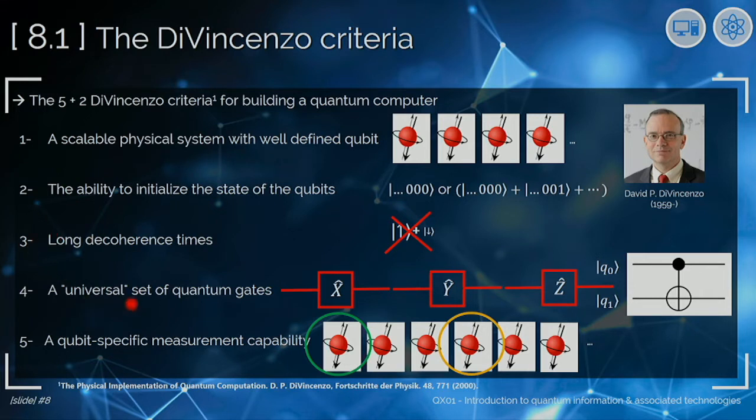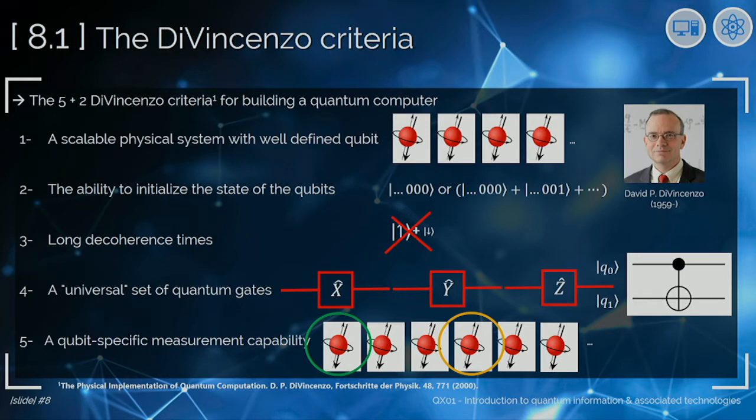You need, we talked about it, a universal set of quantum gates, of course. So there could be the Pauli matrices, for instance, X, Y, and Z, and the CNOT gate. This is one example of a universal set. But as I said before, you have many other types of single qubit gates and 2 qubit gates, depending on your system, because for some of them it is quite hard to have a CNOT gate, for instance, so you want to have another 2 qubit gate.